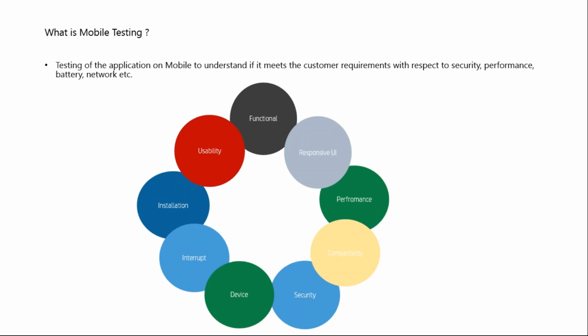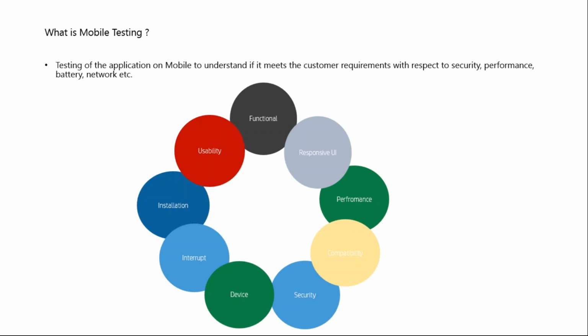If you open it on web, how does the UI look? And the same application, if you open it on mobile, it shouldn't really change the UI. It has to be responsive in such a way that it is very easy to use. From the usability perspective, that application should look good enough, and that is the responsive UI testing. So this is very important and critical in mobile testing.